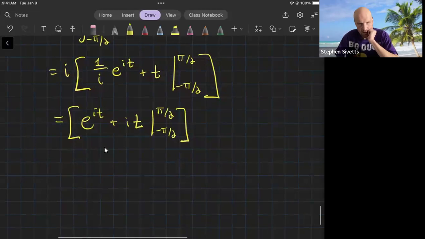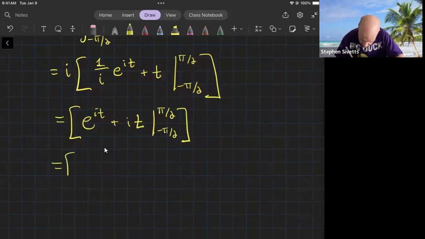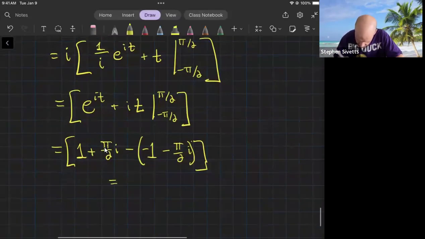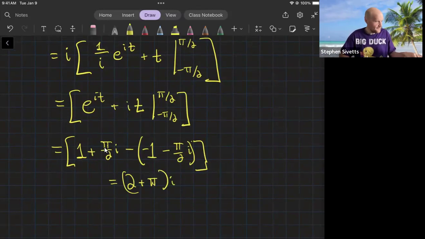So the upper limit will be 1 plus π/2 times i, minus, so that would be a -1 minus π/2 times i. Okay. So in this case, it's 2 plus pi times i. So hopefully that made sense.